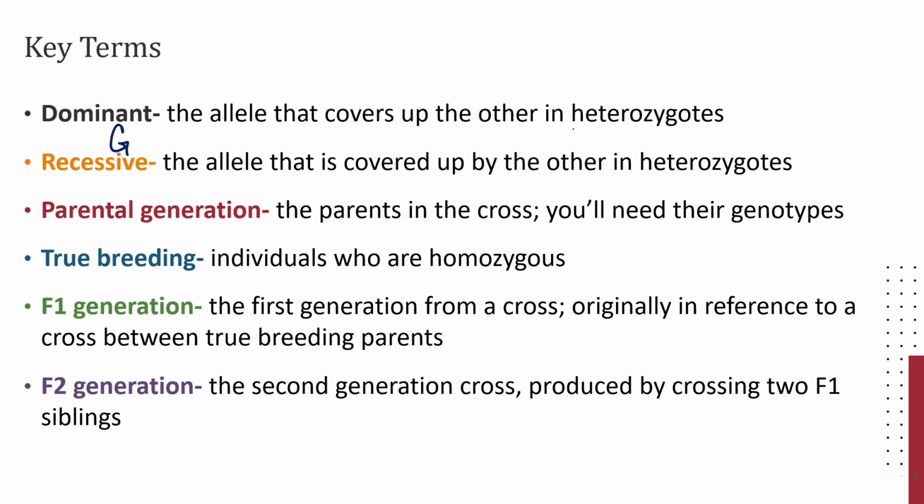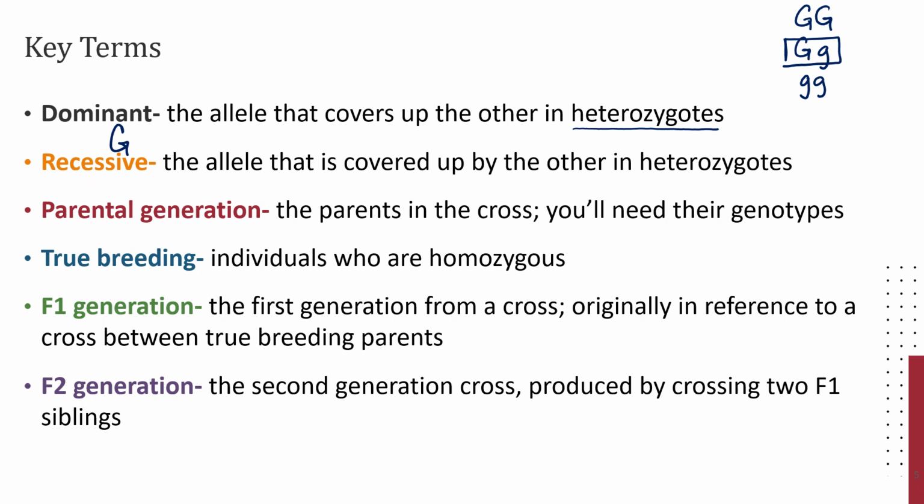This is important for heterozygotes only because our options are that they are homozygous for big G, heterozygous for big G, little g, or homozygous for little g. In the heterozygote, the phenotype that we see is going to come from the dominant allele.